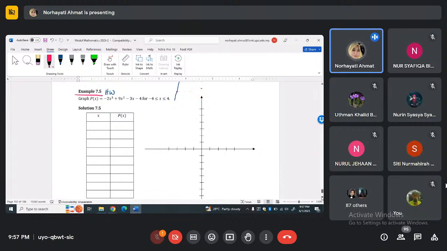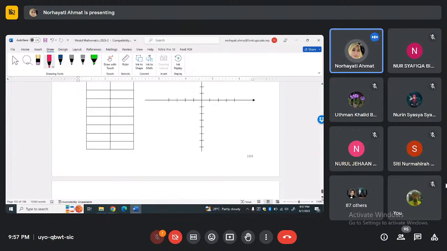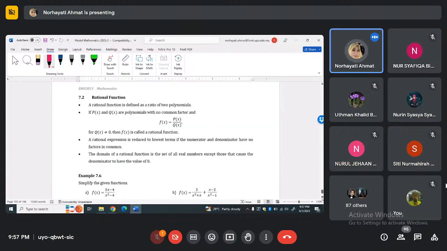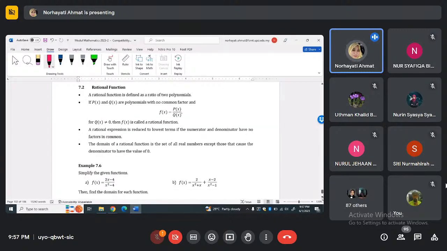Okay, next kita pergi ke last section. Okay, last section in this chapter. Okay, we have section 7.2, rational function. Okay, rational functions, actually we already meet this function. Okay, it's a ratio of two polynomials. Okay, and if functions P and Q are polynomials with no common factor, therefore this function f(x) is called a rational function.